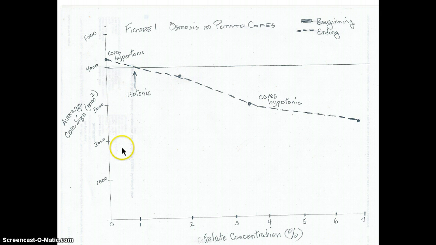Now the results, I graphed the results. At zero concentration, the results were, what was it, 4,100 cubic millimeters. The cores were hypertonic in relation to the hypotonic environment that they were in. So they increased in size a little bit.